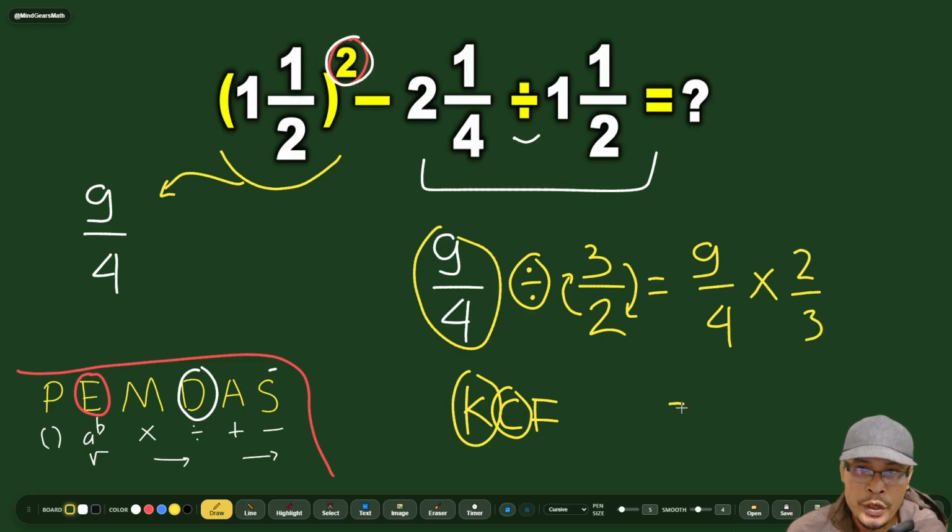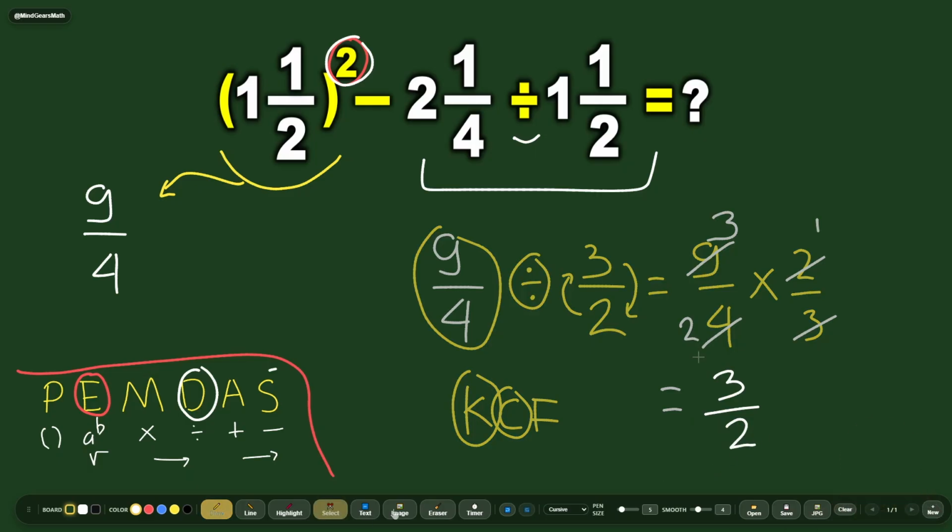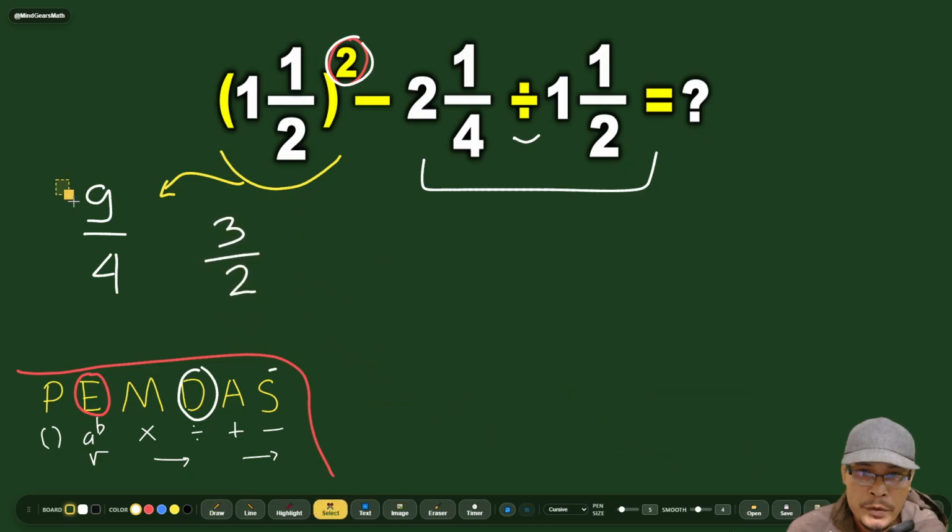Remember, keep, change, flip. 9/4 times 2/3, cross cancel. 9 and 3 reduce to 3 and 1. 4 and 2 reduce to 2 and 1. That gives 3/2. Now for the final step, subtraction.